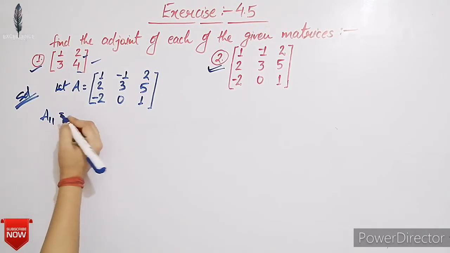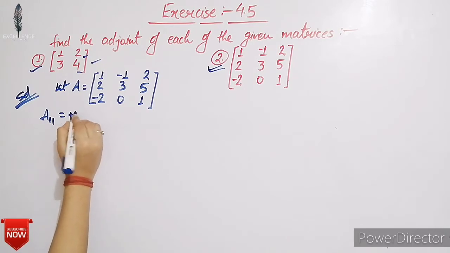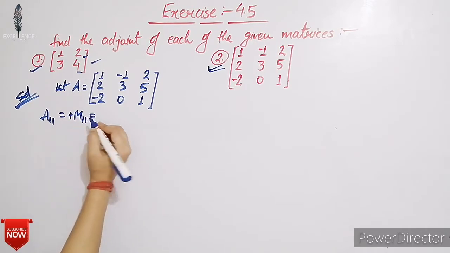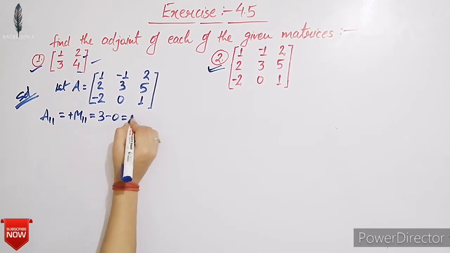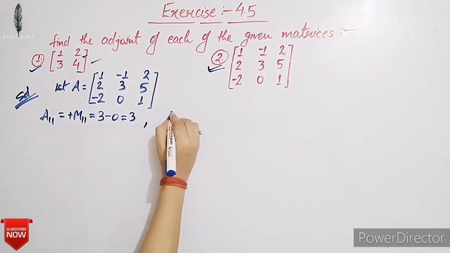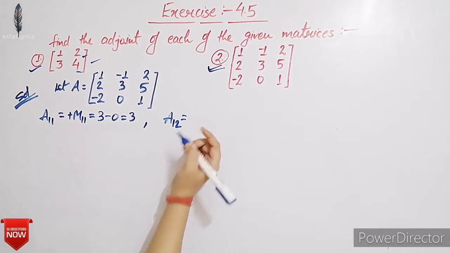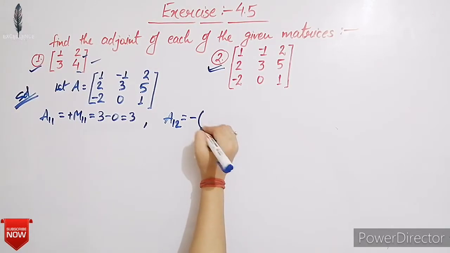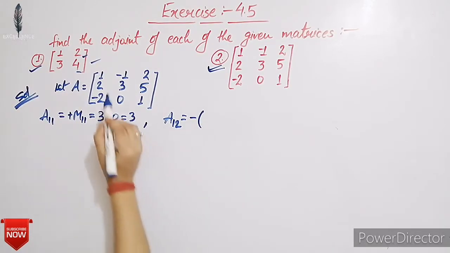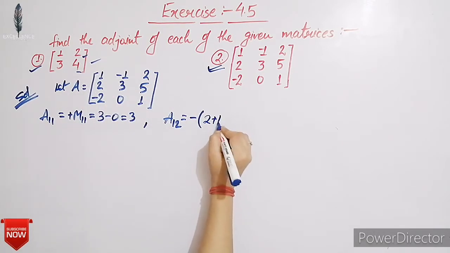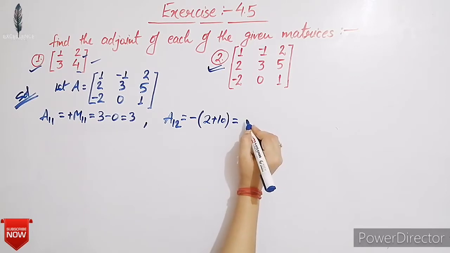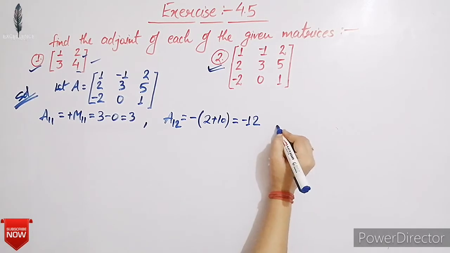So A11 is equal to positive M11, that is 3 minus 0 is equal to 3. And here A12, 2 plus 1, 3. So here minus M12, M12 is 2 plus 10, that is minus 12.